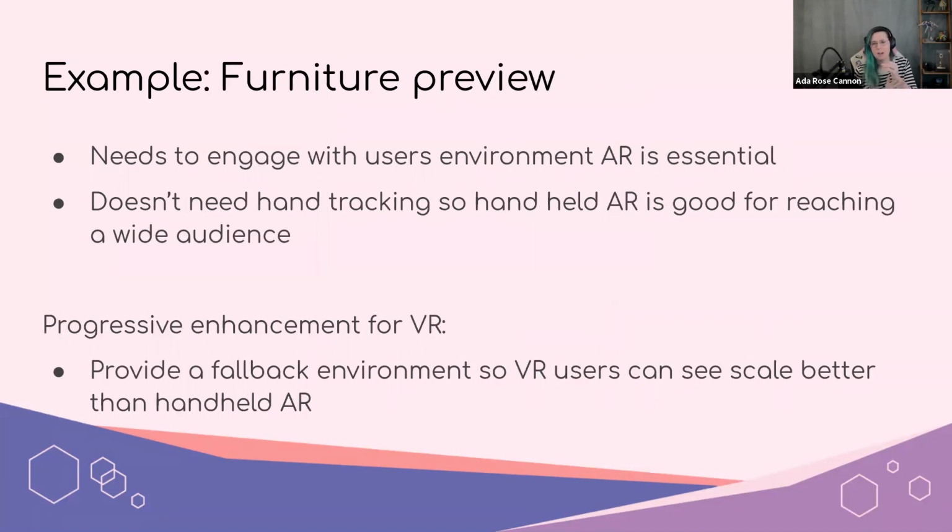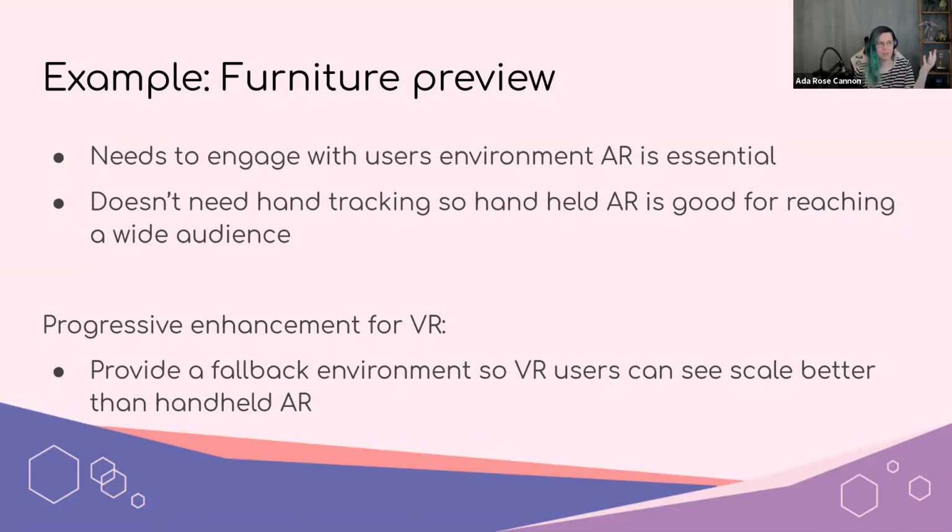Next, a furniture preview application. For example, if you went to a furniture website, you would want to push a button and view the furniture in your environment. And because it needs to be in your environment, it needs to use augmented reality. But you won't have to reach out with your hands to grab anything, so handheld augmented reality is totally fine.